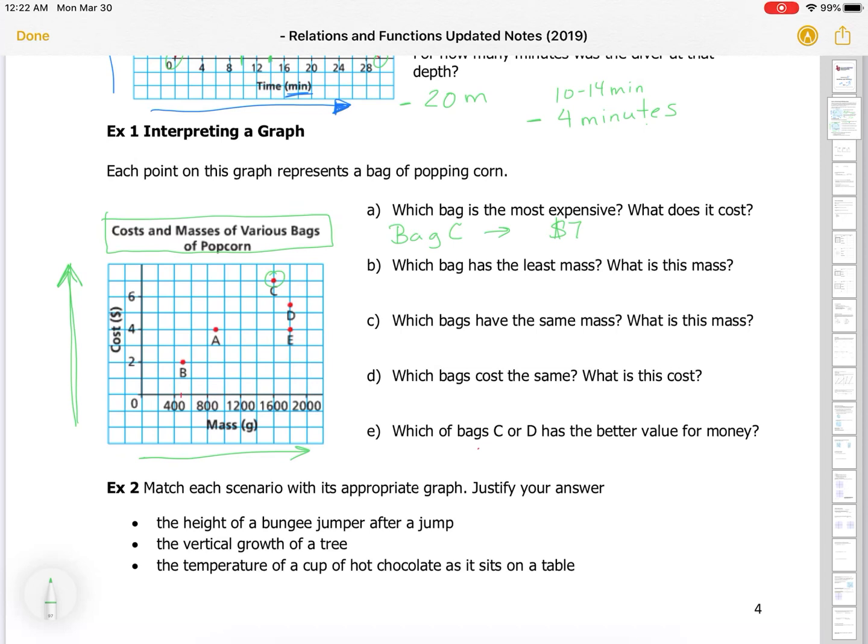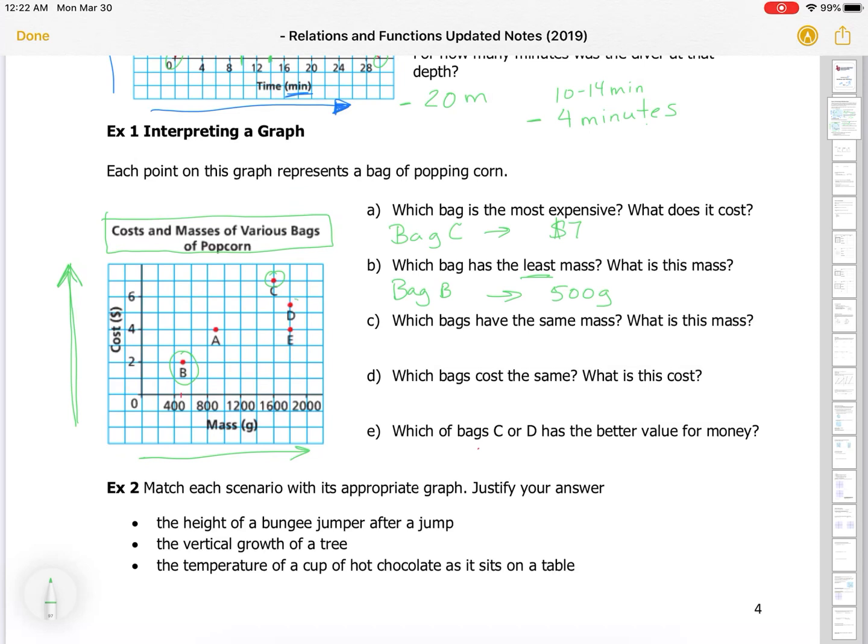Which bag has the least mass? Looking at the mass, the lowest one is bag B, and its mass is about 500 grams. Which bags have the same mass?